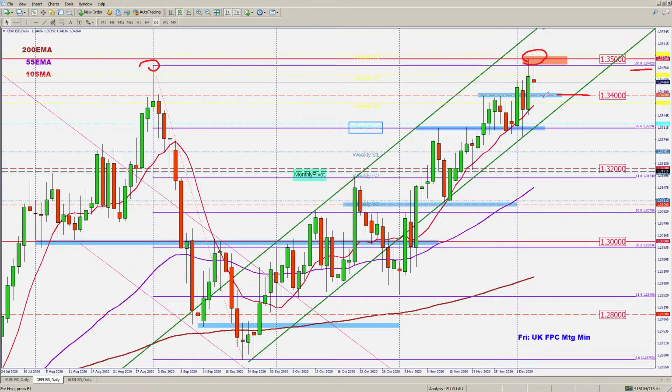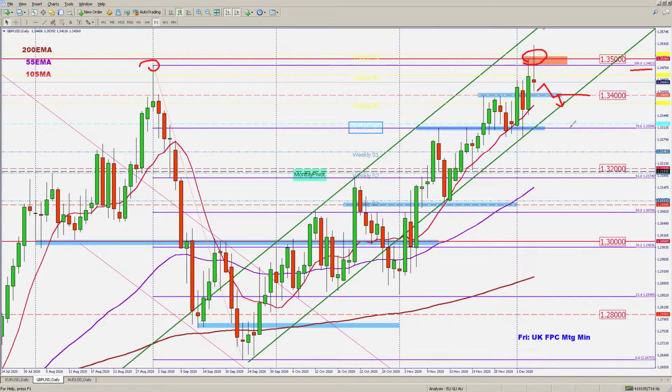So 134 now will be key support if it's going to hold, although it did close on Friday with a long-legged doji, almost a doji, more like a spinning top now, but it's likely to dip lower next week, and we'll see if this lower channel trend line will hold.